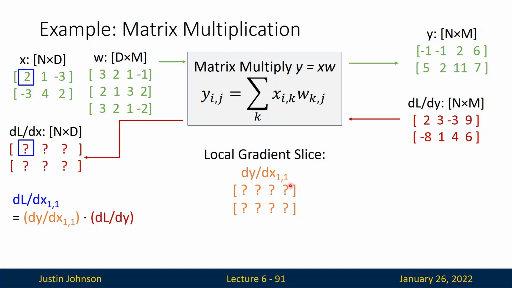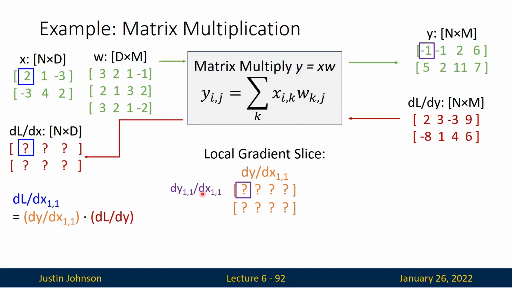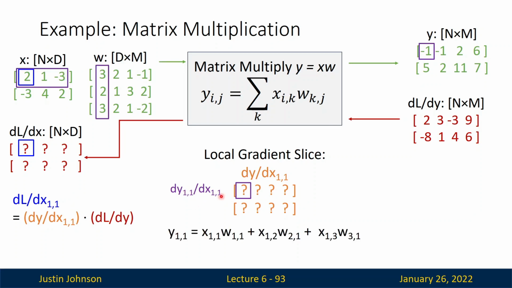We can just take a slice of the tensor, fixing the first dimension. Then what is the value of dy11 and dx11? According to the definition, y11 here is, so how do we get the value?